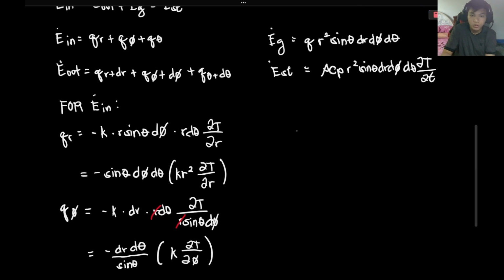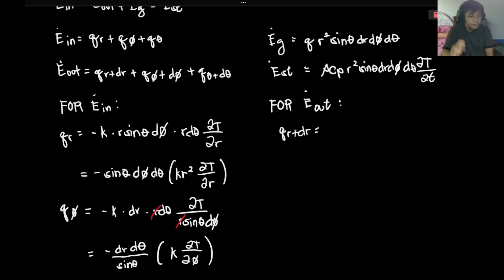Okay? So, for Eout, we have Qr plus dr. Again, when we derived our heat diffusion equation in terms of the Cartesian coordinates, since that is the first thing we derived, we applied the Taylor series expansion that we learned in advanced mathematics.